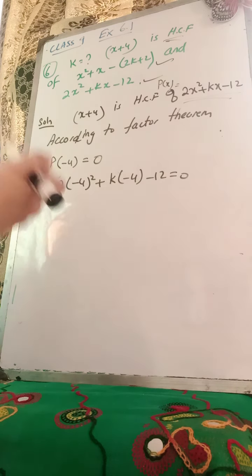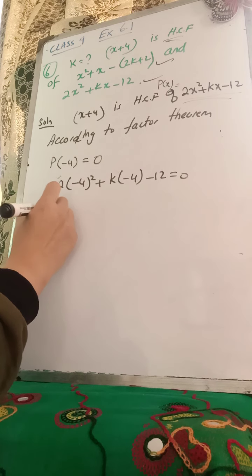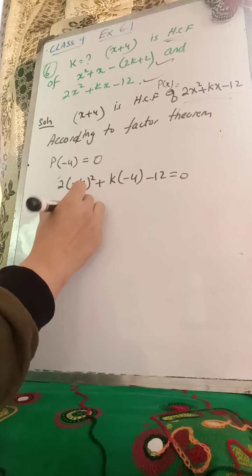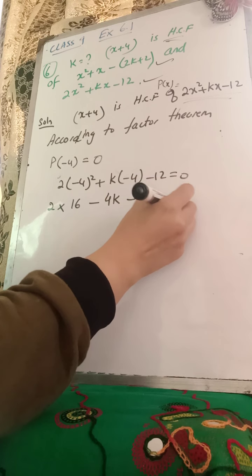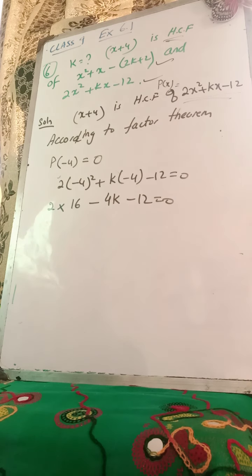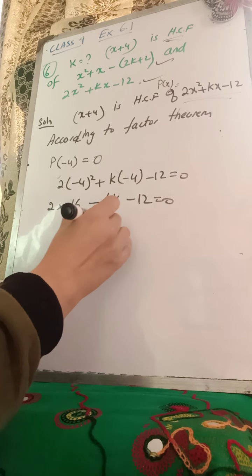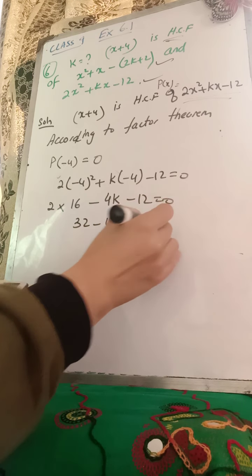So I'm going to put this equal to 0. 2 into negative 4 whole square will be 16, minus 4k minus 12 equal to 0. Now if I make use of the calculator, 2 into 16 will be 32. So 32 minus 4k minus 12 equals 0.